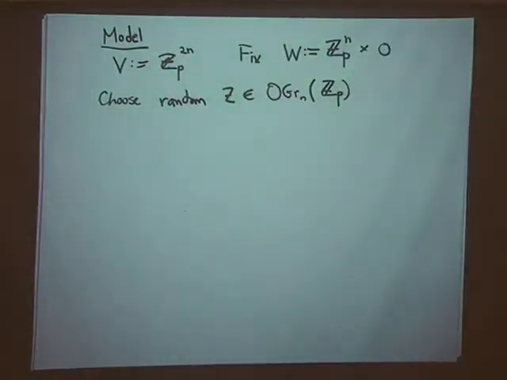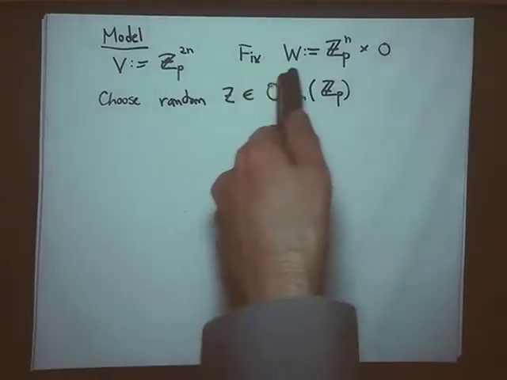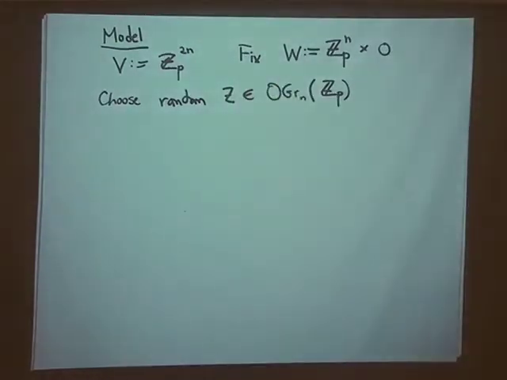I could have chosen both of them at random, because it turns out that it's still true that the Z_p points of the orthogonal group act transitively on the maximal isotropic submodules. So that's why it was okay for me to fix one of them, because it's really only the relative position of the two that matters.